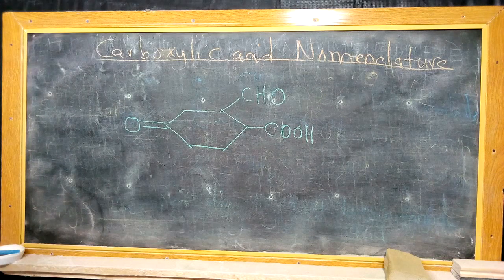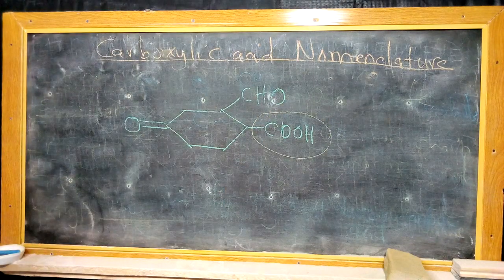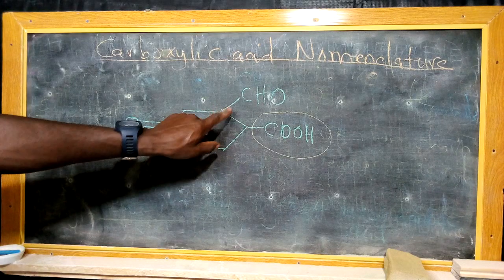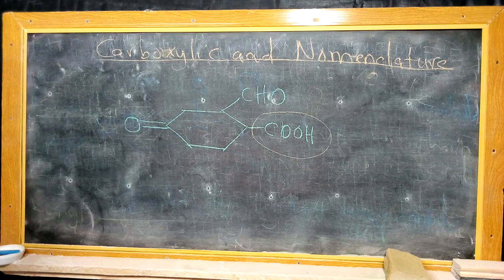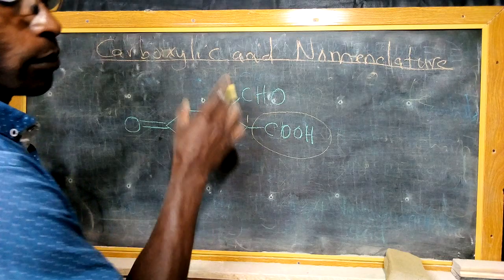So in this case, this is a carboxylic acid because it consists of that carbonyl group. But you can see that for the substituents, much of it is out of that. So you will find that the numbering of that particular compound will start at the carbonyl carbon, and then we give the next substituent the lowest number.